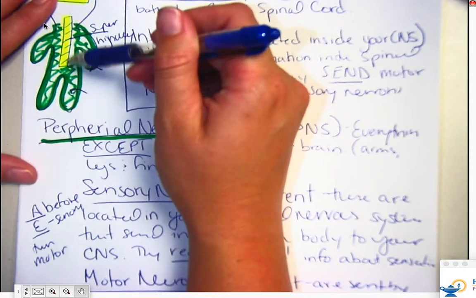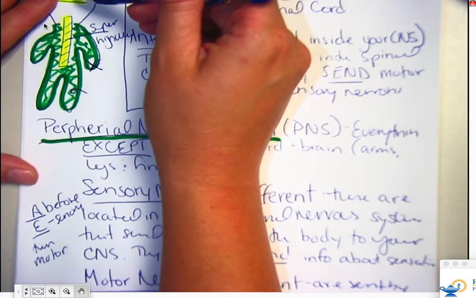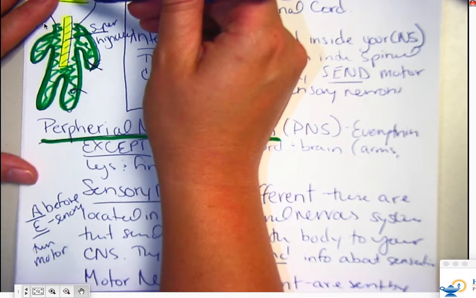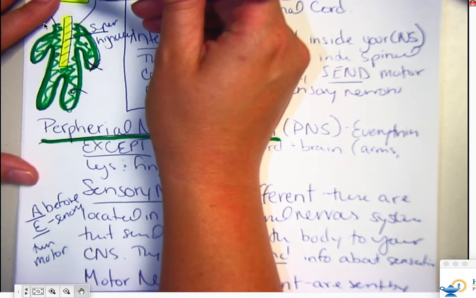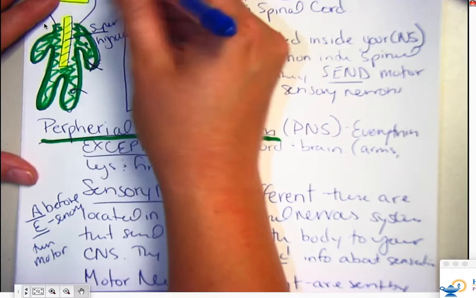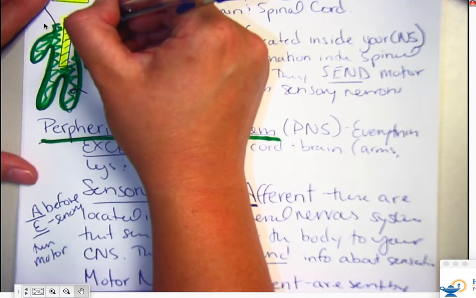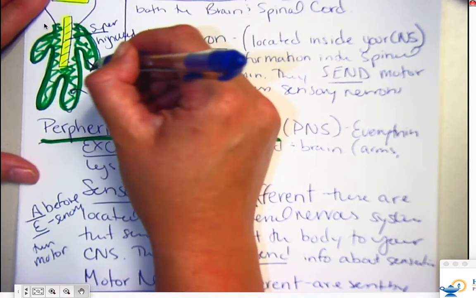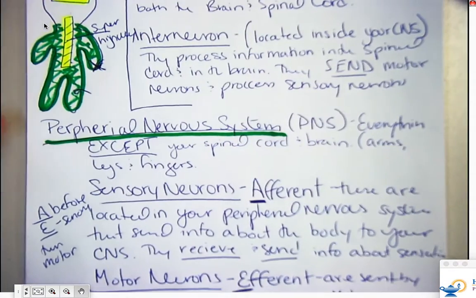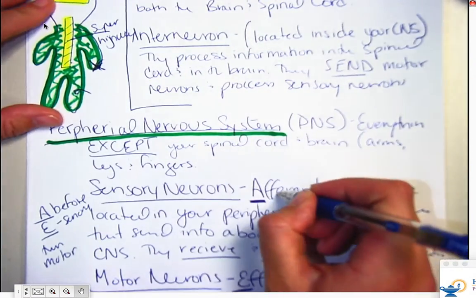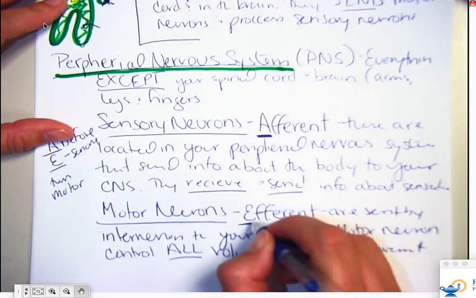So your sensory neurons, your afferent neurons are going to send the message. The interneurons are going to process it and be like, holy crap, Miss Bennett just kicked us in the shin. Oh, we're going to teach her a lesson. Then the motor neurons or the efferent neurons are going to go down to her fist, and then she's going to punch me in the face. Okay? So, sensory or afferent neurons, then your efferent neurons.